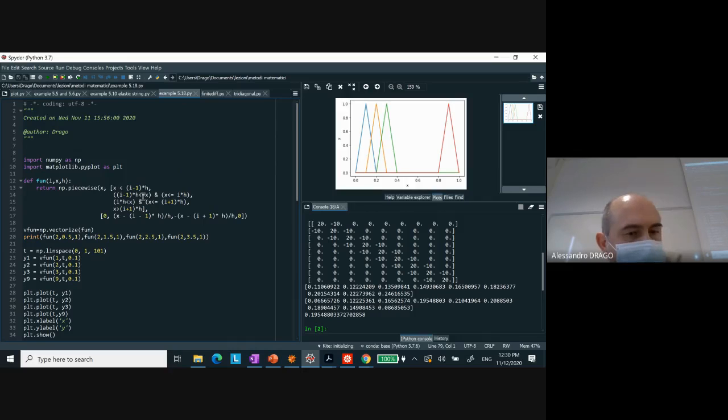Otherwise it is 0. So it is 0 if x is smaller than (i minus 1) times h. It is 0 if x is larger than this. Instead, if we are on the left, it is that expression that I wrote before. This is a little component of straight line that connects, let's say, 0 with 1, something like this. And the second, different from 0, is the other part from here to here, let's say.